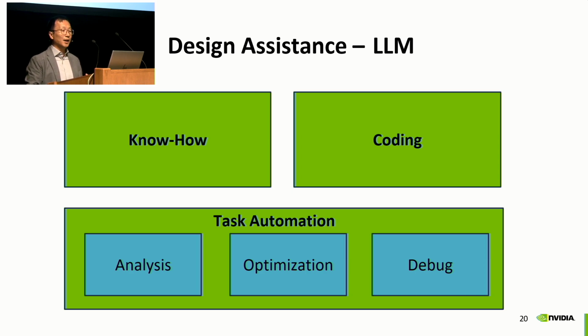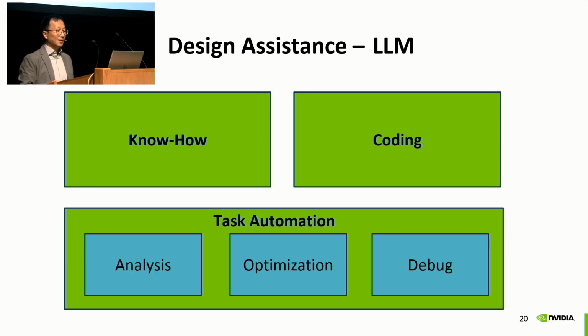Coding assistance helps generate design and verification code, such as RTL, test bench, EDA script, config files. Know-how assistance helps generate insights, knowledge, ideas, and answer questions about your design, tools, and the infrastructure, and so forth. Task automation assistance can be further divided into 3 categories: analysis task, optimization task, and debug task.